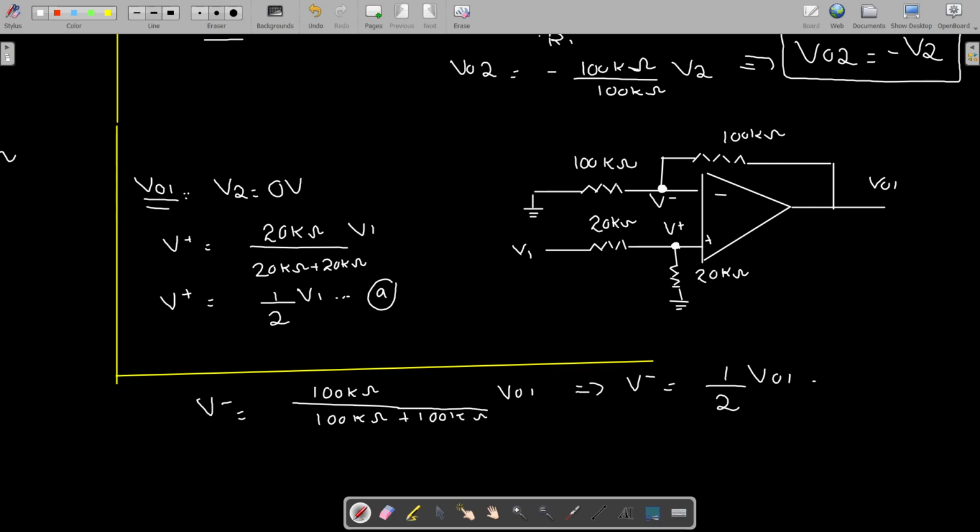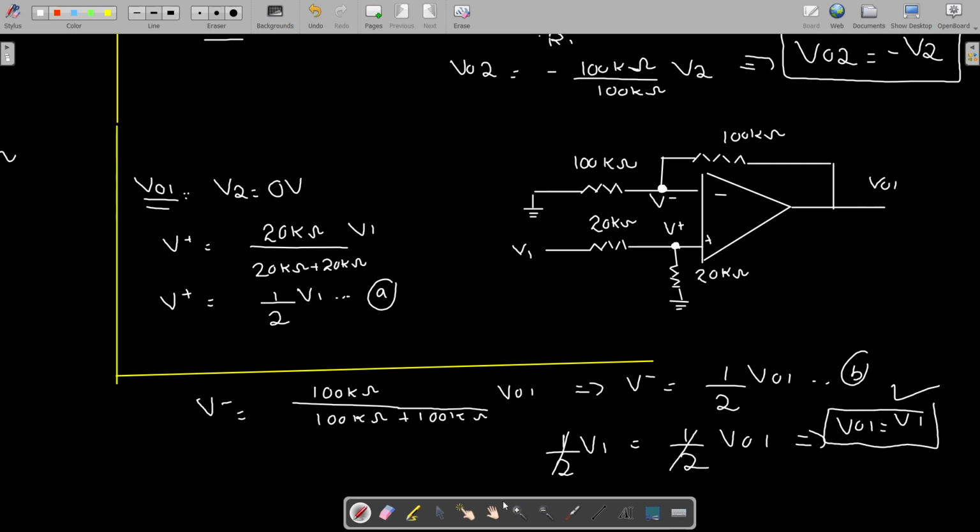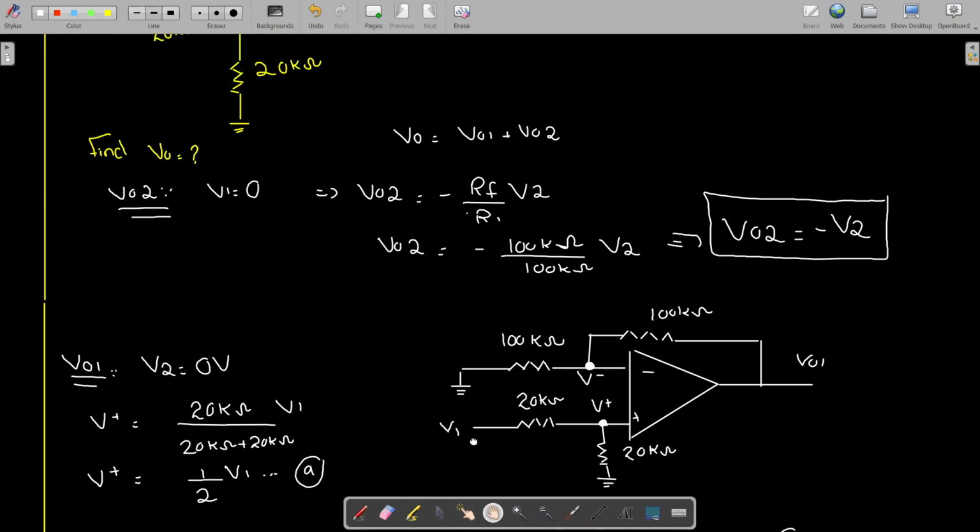Now V plus and V minus are equal, which means that 1 by 2 V1, V plus is equal to V minus equal to 1 by 2 VO1, which means that VO1 is equal to V1. Fine. So we have also found the VO1 and we have also found the VO2.